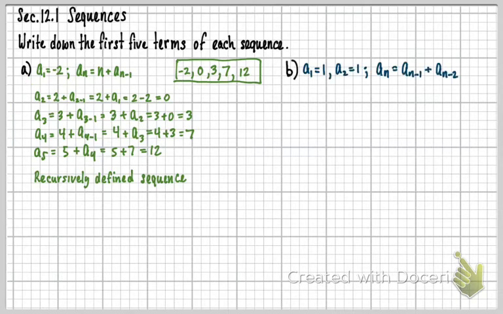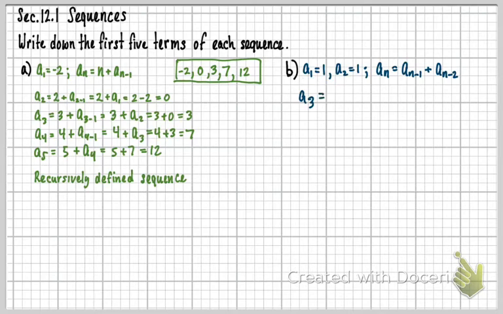Anyways. So here's another recursively defined sequence here. So what we're going to do now is we're just going to find the first 5 terms of this sequence. So now my A3 for this one, because I have 1 and 2 here.